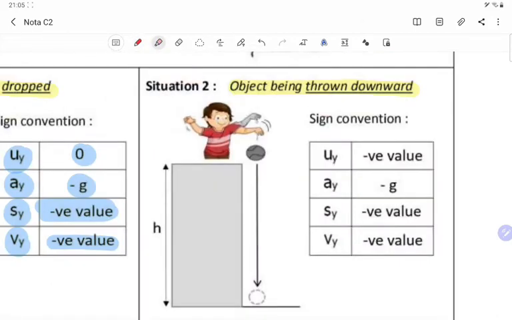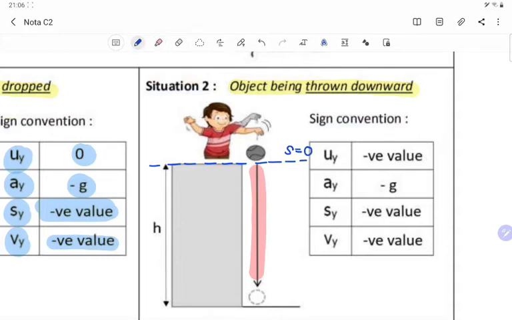The next situation is when the object is being thrown downwards, dibaling ke bawah. Tadi kita lepaskan sahaja, ni kita baling dia. Okay, the same thing, kita kena kenal pasti reference line, garisan rujukan, di mana kita nak kenal pasti S equals to 0. So now the motion still the same, pergerakan ke bawah. So pergerakan ke bawah berada di bawah garisan rujukan.